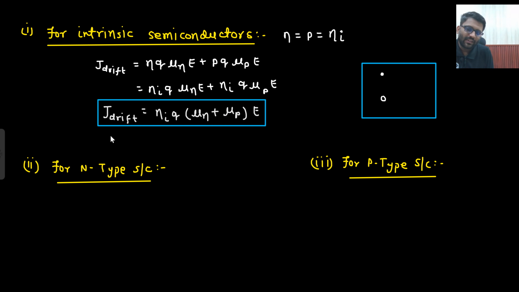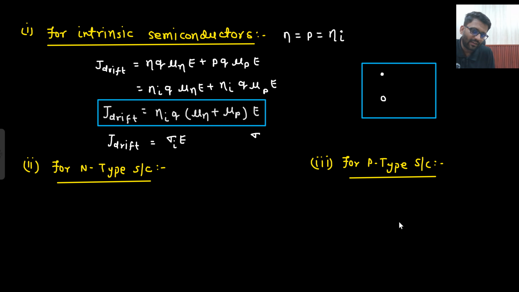Along with that, you know that drift current density is equal to conductivity into electric field, so J equals sigma E, where E is the applied electric field. So this particular term will represent the conductivity of intrinsic semiconductor.